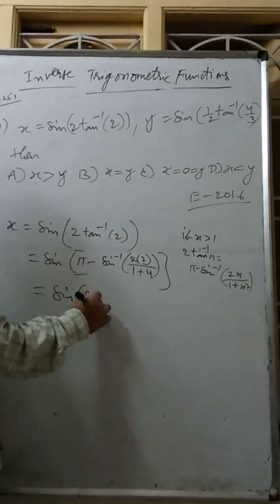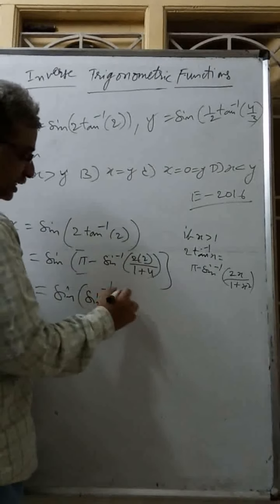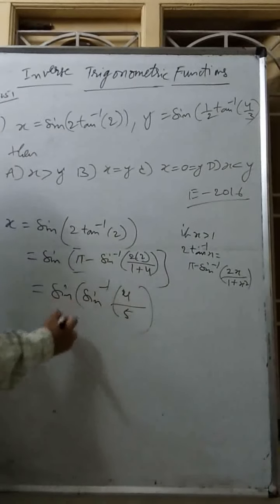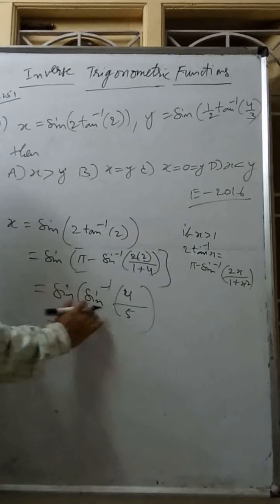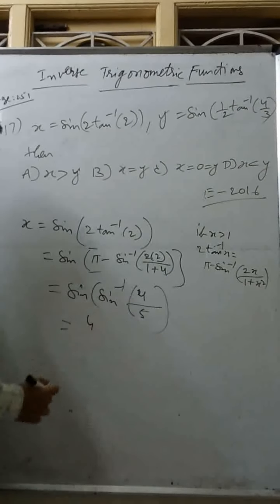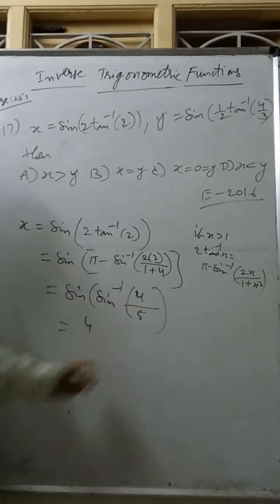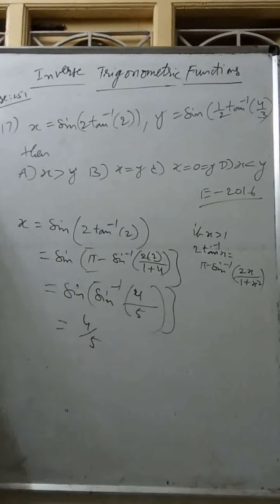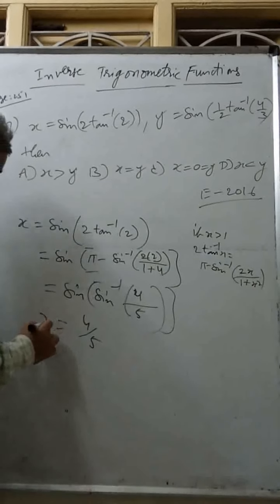So it becomes sin of sin inverse 4 by 5. Sin inverse x lying between minus 1 to plus 1, so sin of sin inverse x is identity itself. So this is 4 by 5 only. So x equal to 4 by 5 I got ultimately.